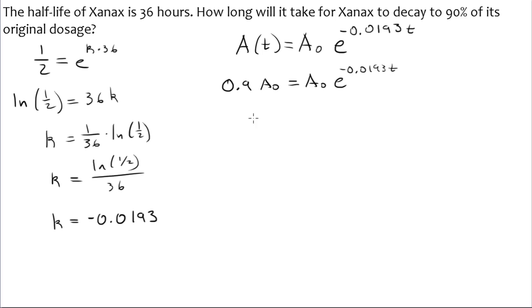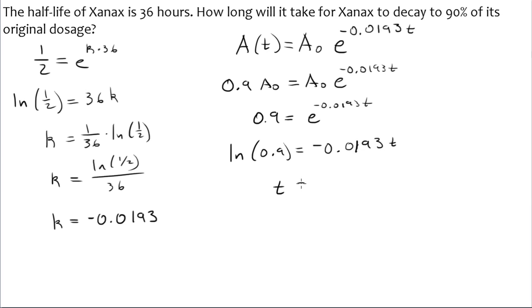The A naughts cancel. We're left with 0.9 equal to our exponential equation.